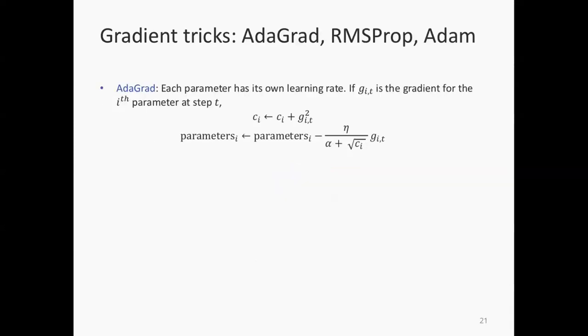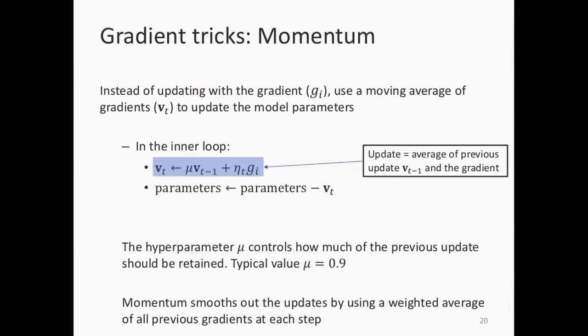I talked about AdaGrad. So far, what we saw was there's a single learning rate that applies to all the parameters, right? G is actually a collection of parameters. All the parameters get the same step size. Why should that happen?